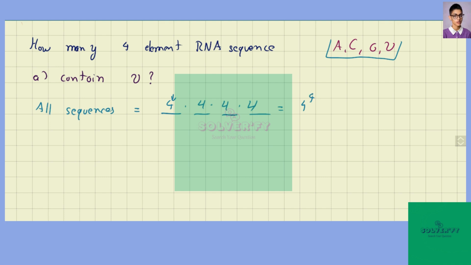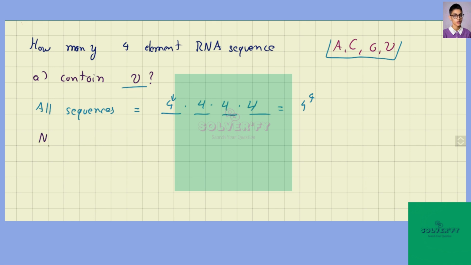But now, how to count those that have at least one U? Well, we can take all the sequences and then subtract all those sequences that have no uracil, and the subtraction is going to give us all those sequences that have at least one uracil.